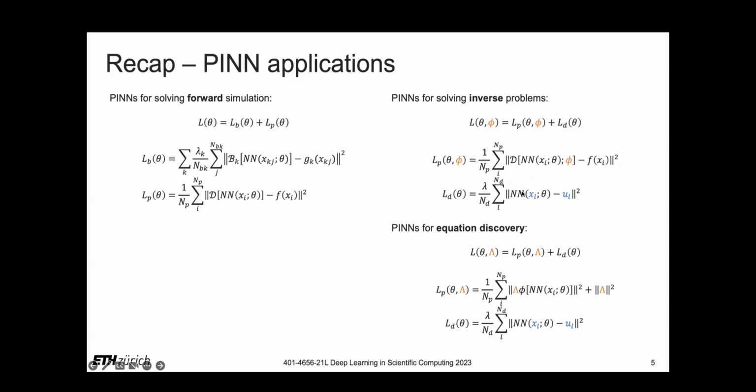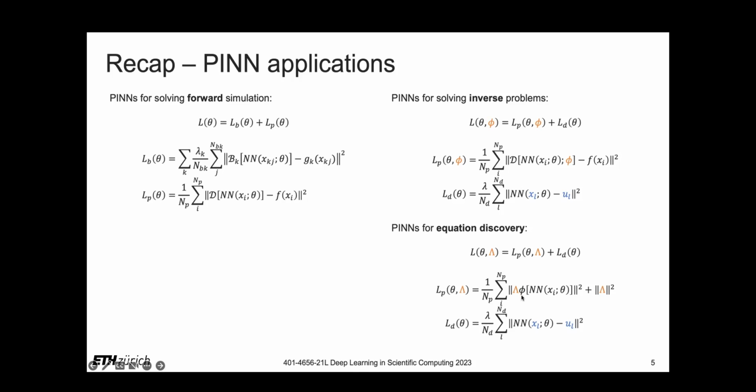And of course, to be able to do this, you have to add an extra term, which is this data loss. This is the observational data that we have, and it could be noisy too. Then we took it one step further, and we said PINNs can also be used to actually try and discover something about the underlying differential equation itself. So then you don't actually know D, which is this differentiable operator. This represents any sort of PDE.